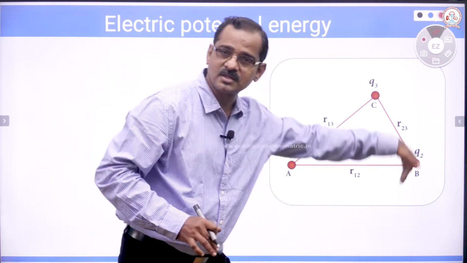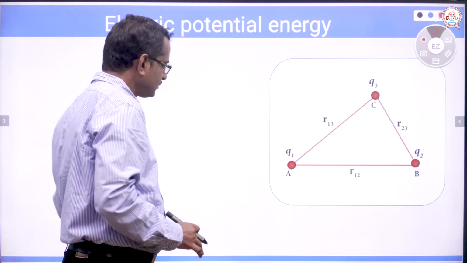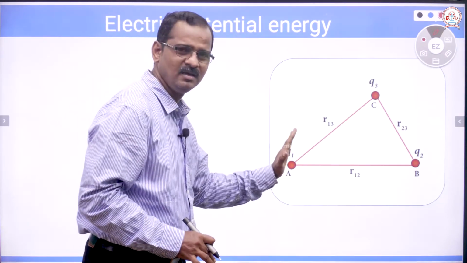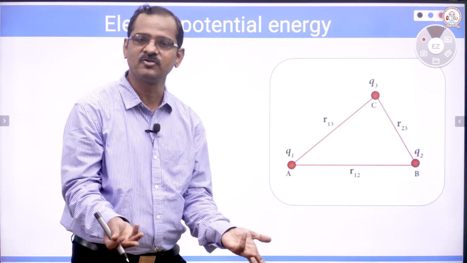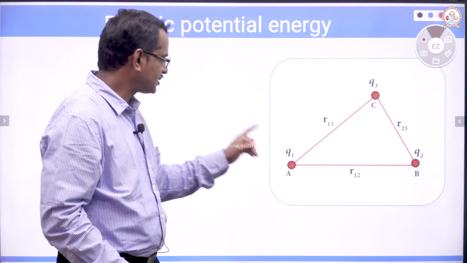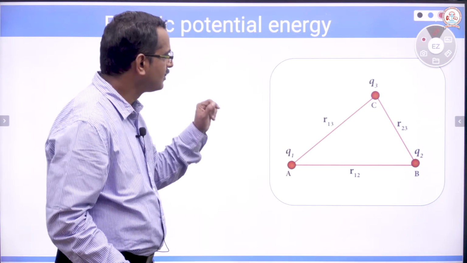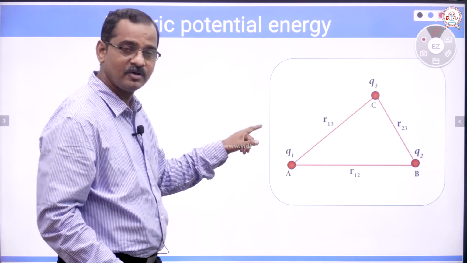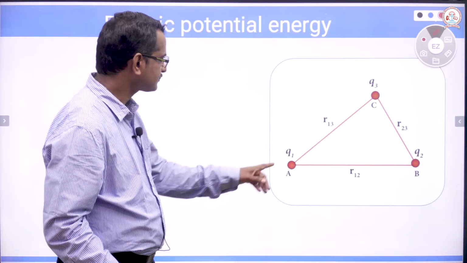When there were no other charges, to move Q1 from any other point to the point A, we need not do any work. External work is not necessary because there is no force of repulsion there, isn't it? So we can just bring it. That can be easily done.